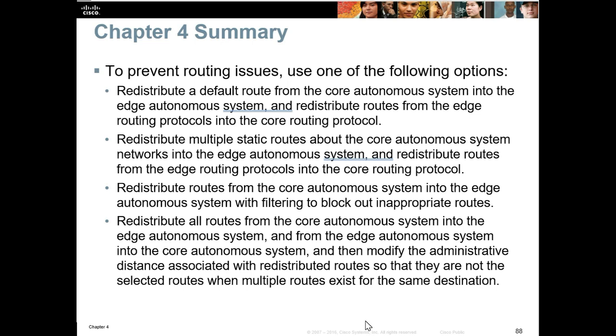Okay, and redistribute routes from the edge routing protocols into the core routing protocols. Then redistribute multiple static routes about the core autonomous system networks into the edge autonomous system, and redistribute routes from the edge routing protocol into the core routing protocol.